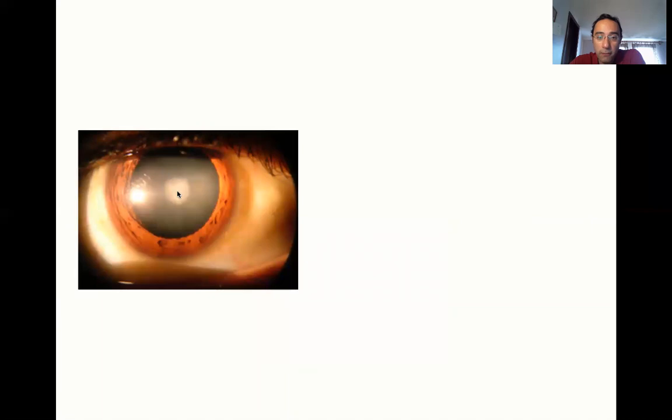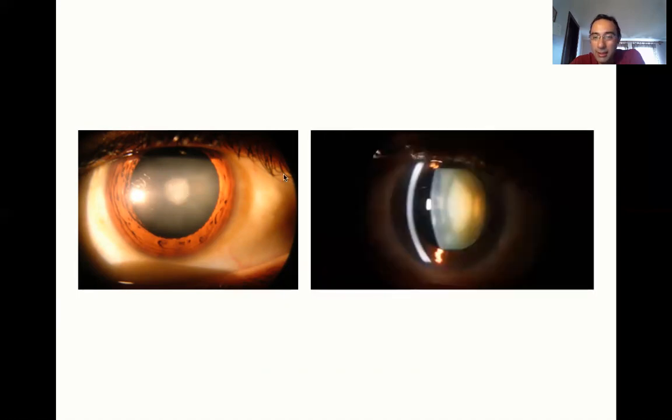And for that matter of fact, if this opacity is on the cornea or on the lens, we cannot differentiate that. But if it was a slit lamp, here the slit light is produced from the left side of the patient in a 45 degrees angle.